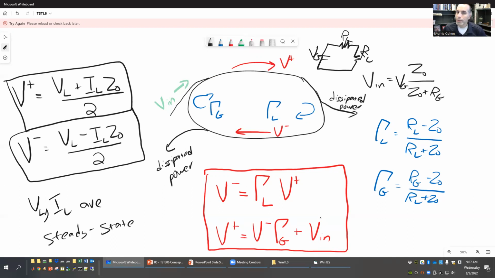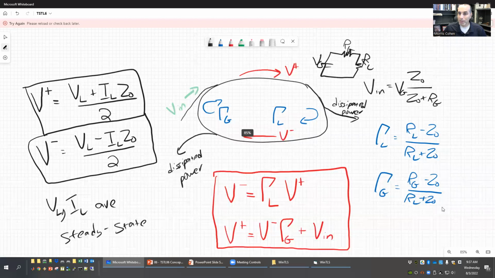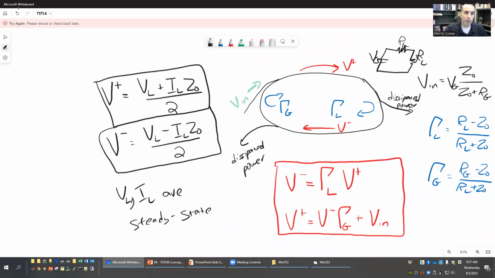Now, if you want proof that this equation is correct, I would encourage you to try out the matched condition. The matched condition is if the load matches the line. So if RL equals Z0, plug that in, and you can verify. I'll leave this as an exercise to be done later. But if you plug in RL equals Z0, you can verify that V negative equals 0.